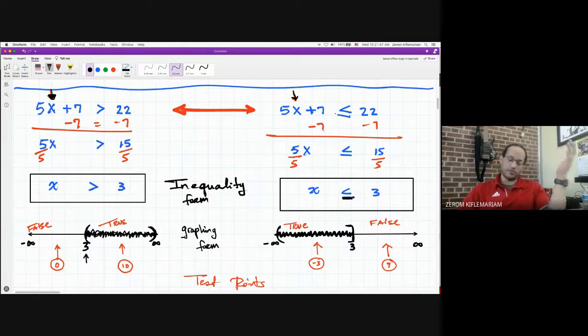If you're looking at the left side, my answer starts from 3 and goes all the way to infinity. Any number that I pick on the right side of 3 will make my statement true with the original problem. On the left side, if I pick any number from negative infinity all the way to 3, that will make my original statement true.